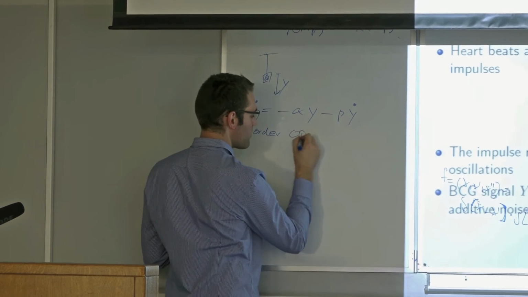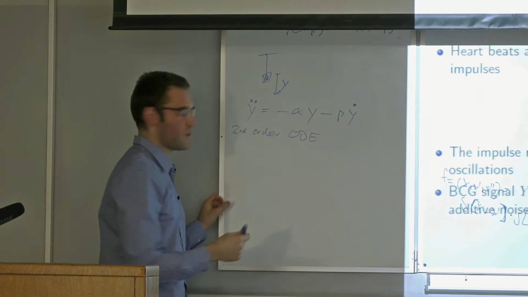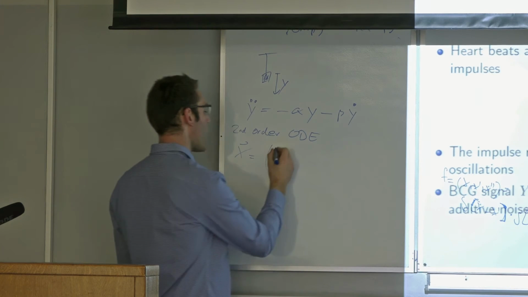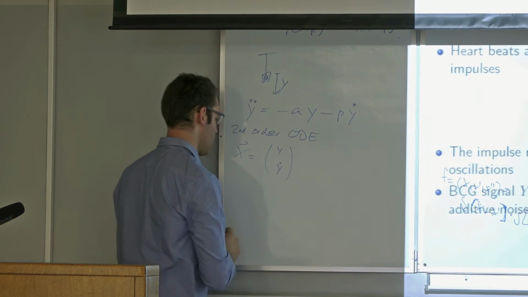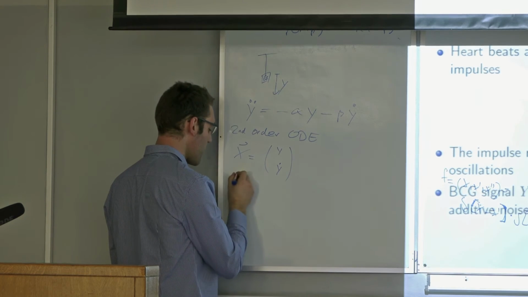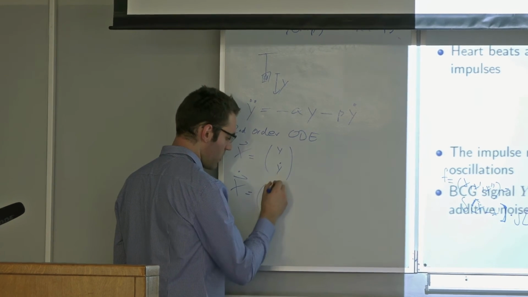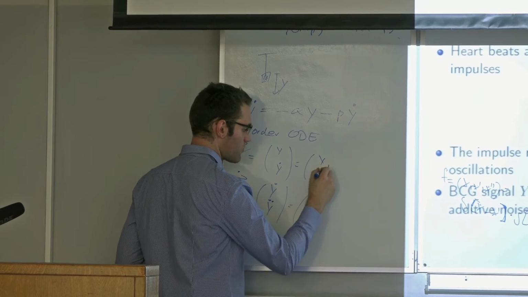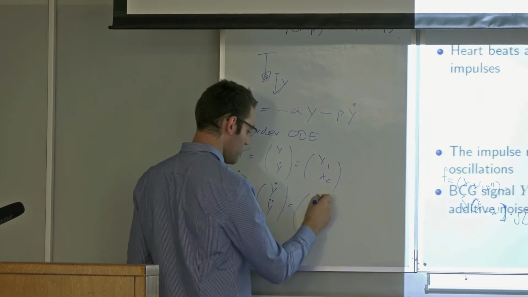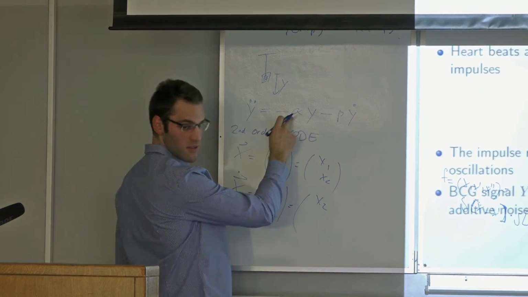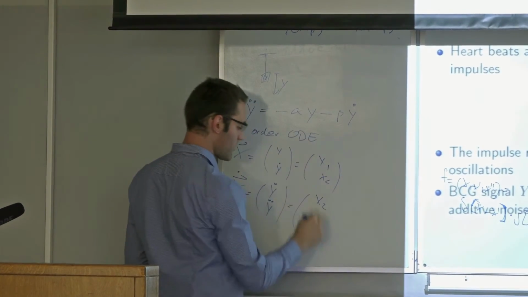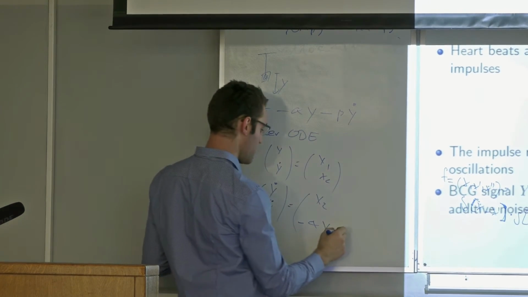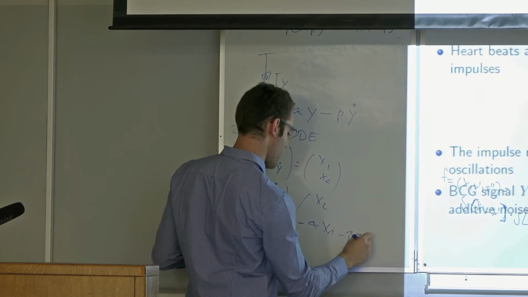So this is a second order ordinary differential equation, and now we can transform it easily by introducing a state, a vector x, and we have here y and y dot. And so basically, if I write down our x dot, which is the same as y dot and y double dot, we call this x1 and x2, so y dot is x2, and y double dot is minus alpha y, which is minus alpha x1, and here you have minus beta y dot, which is minus beta x2.